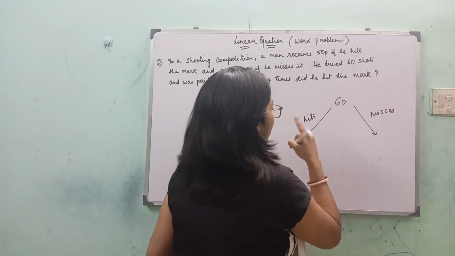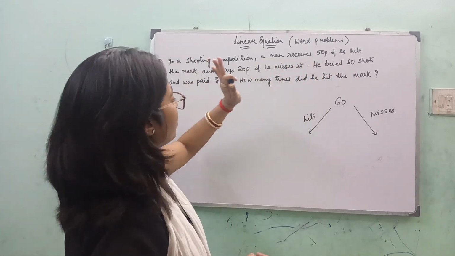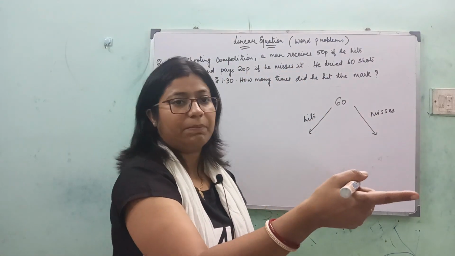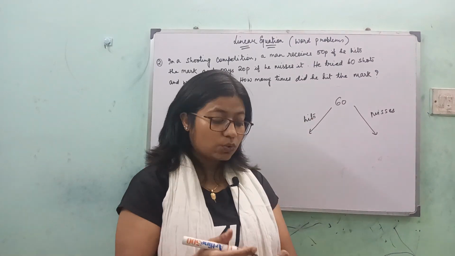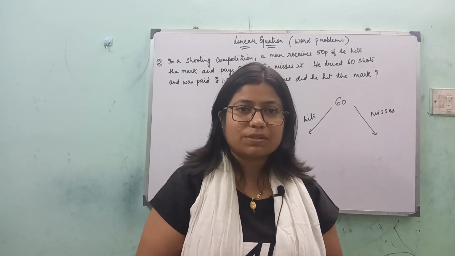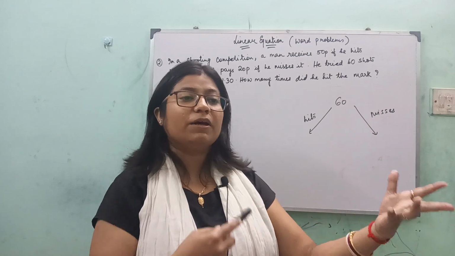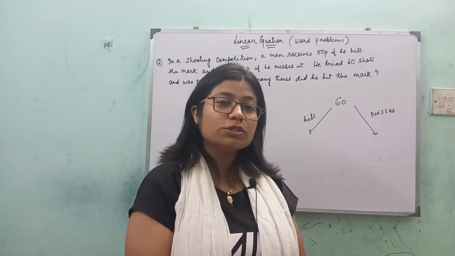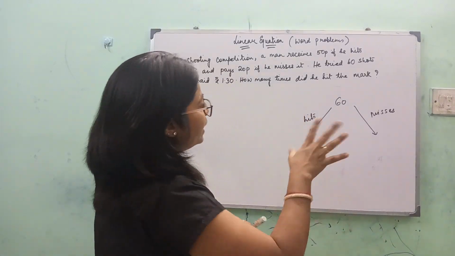Now when he hits, he receives 50 paise, and when he misses, he has to pay 20 paise. That means that is a fine. This sum is very much relatable to negative marking in your various Olympiad exams. In competitive exams, you gain marks when you answer a question correctly, and you lose marks for answering wrong. So such a kind of question, relatable.